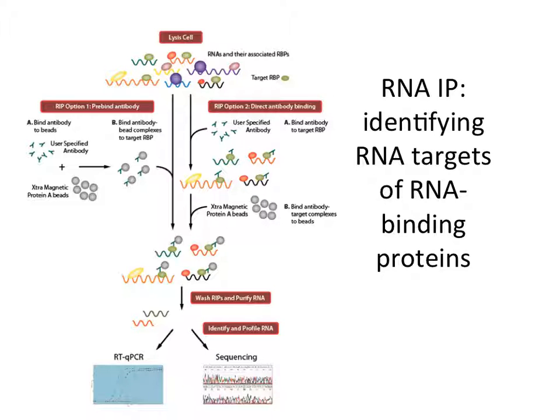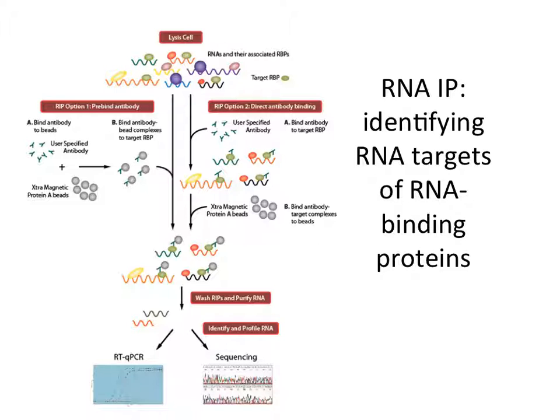Yeah. There's another protein that does it. It's just not eIF4E, it's eIF something new that no one's ever seen before. So if you want to find a protein that binds RNA, then you might do an RNA IP.